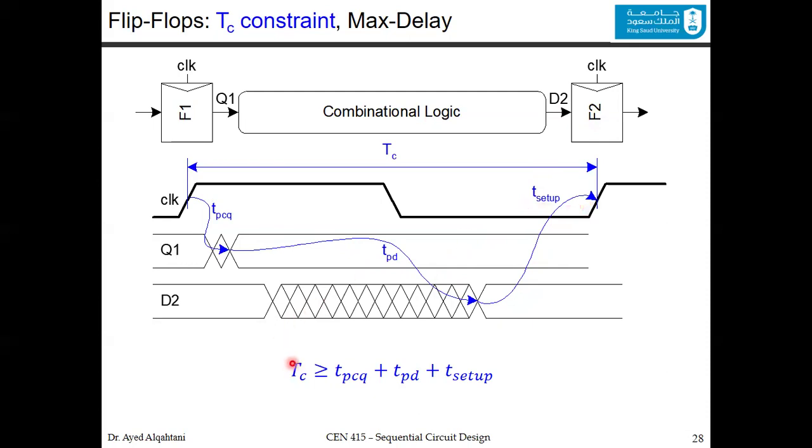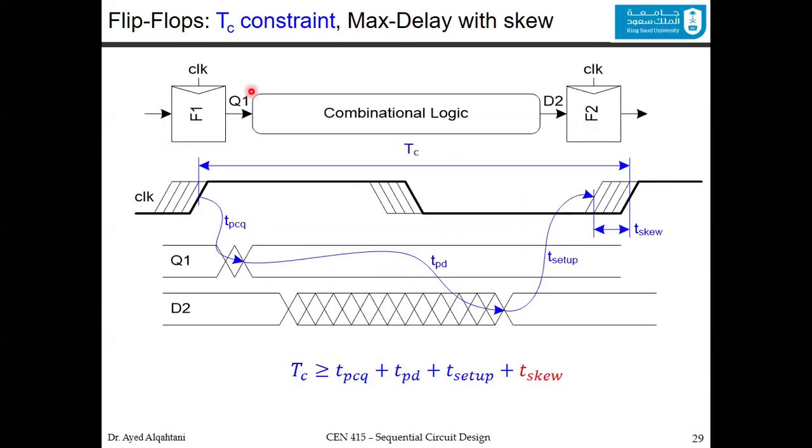So you need to cover that time. So TC must be larger than or equal to all of these times. The minimum cycle time is when TC is exactly equal to these times. So these are the three times that you worry about in the flip-flop.